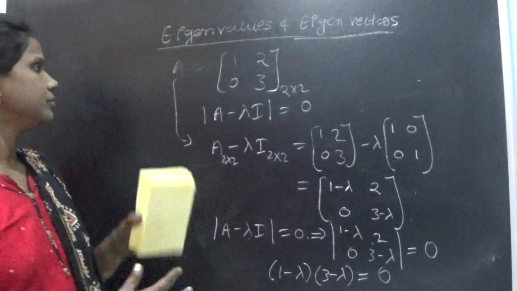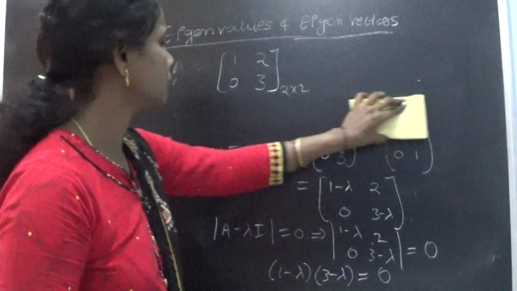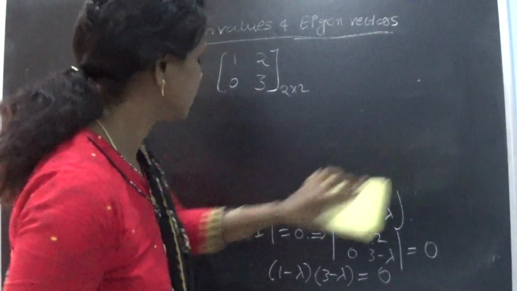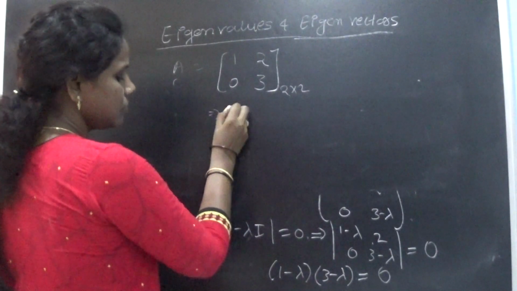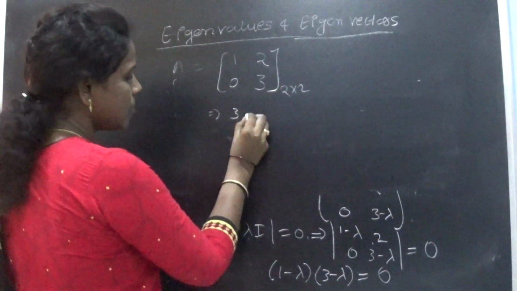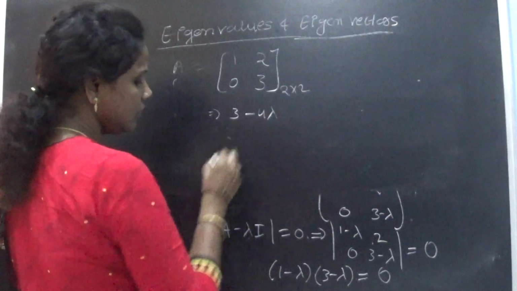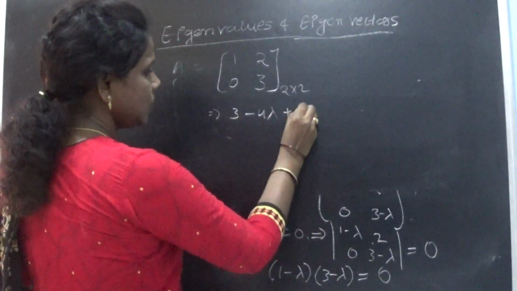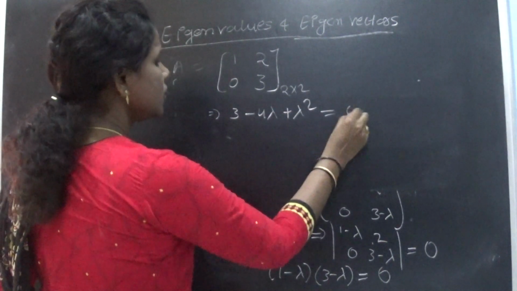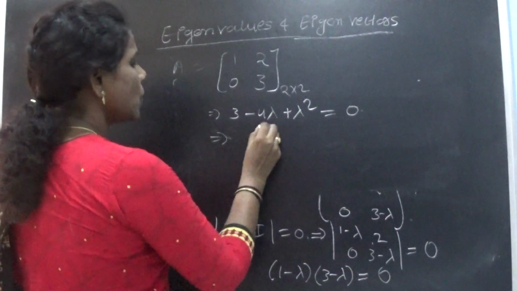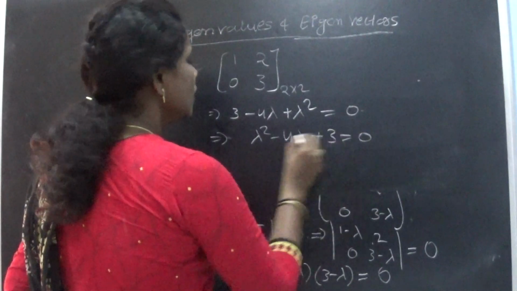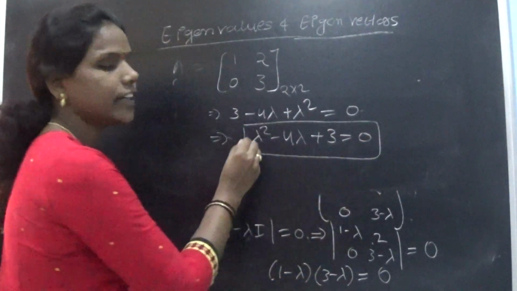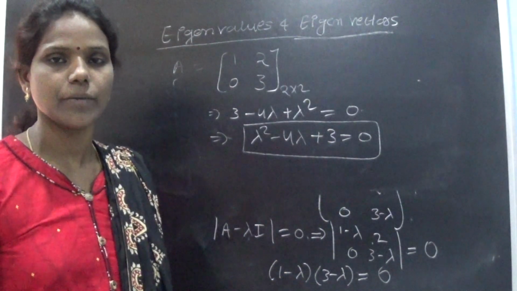Simplify it. (1 minus lambda)(3 minus lambda) becomes 3 minus 4 lambda plus lambda square equal to 0. Lambda square minus 4 lambda plus 3 is equal to 0. This equation is called the characteristic equation of the matrix A.